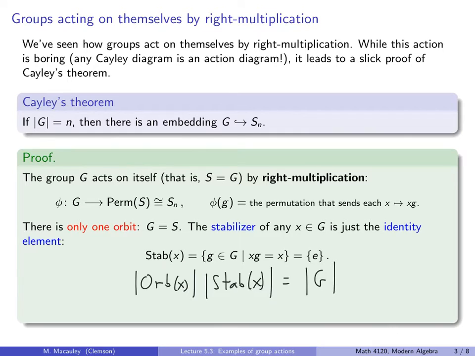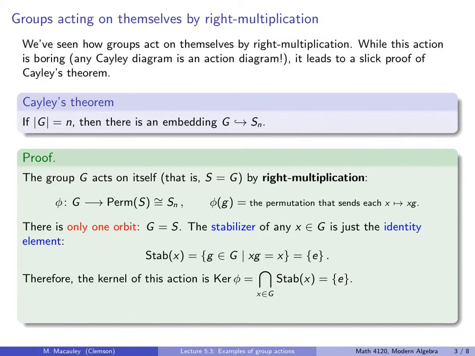And we just said that the only orbit is the group, so the size of the orbit is just the size of G. So clearly the stabilizer, which is a subgroup of G, must have size 1, so it must be the identity. So that's another way to see why this is true. Finally, the kernel of this action.